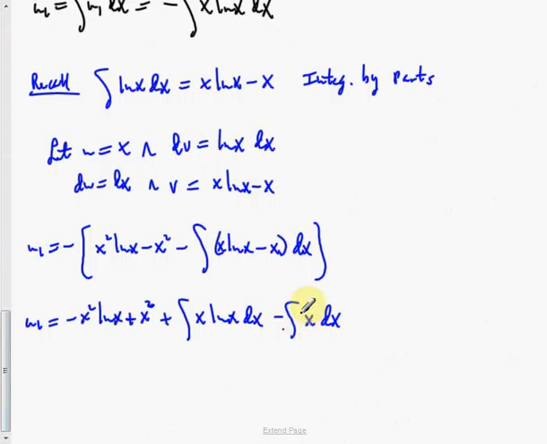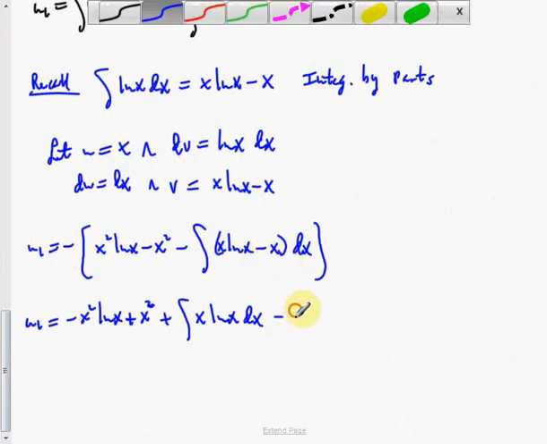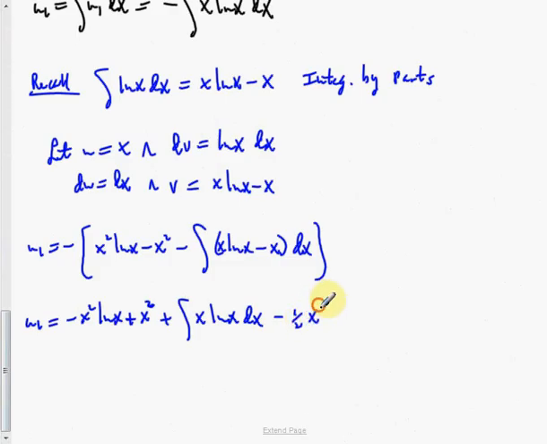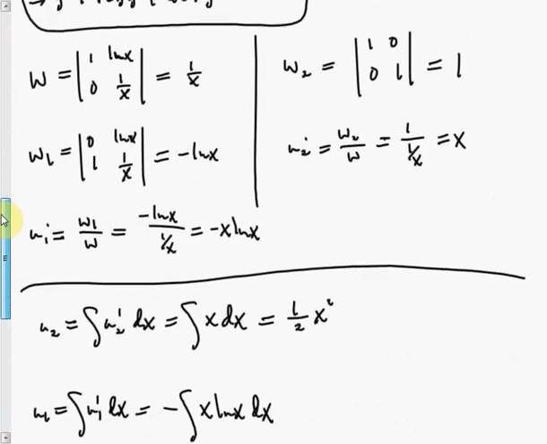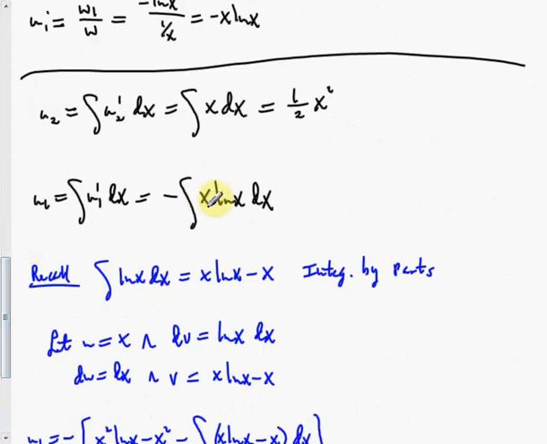Let's integrate that right there because it's not giving me any space down below. So just integrate this guy. So that's just 1/2 x squared. So now this u sub 1 is this guy right here.